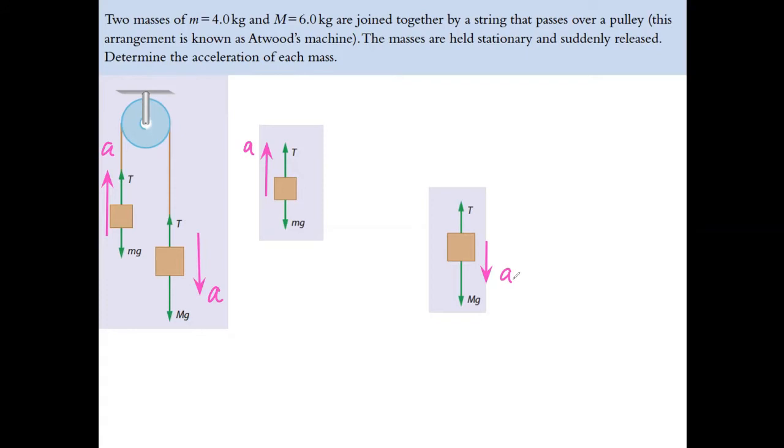For the smaller mass, since it is accelerating upward, the net force is T minus m1g equals m1a.